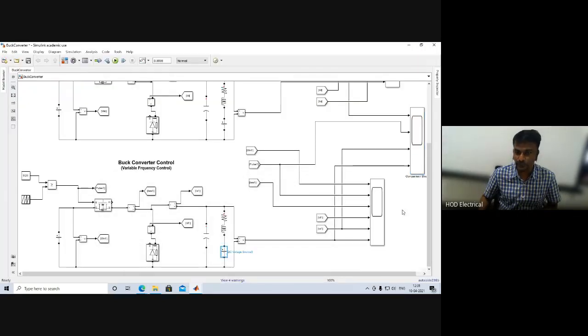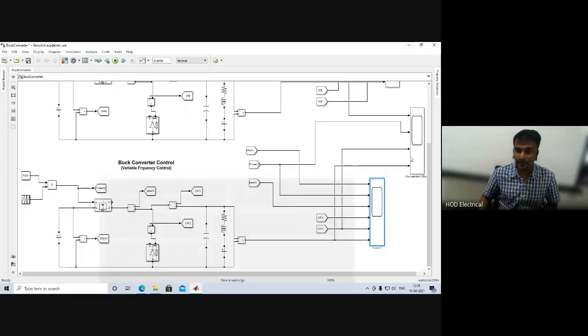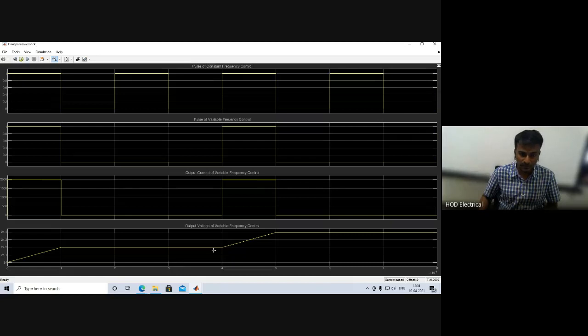That means there is a voltage source, and this voltage source will appear across the output voltage. The output voltage has discontinuity, since it will show 24 volts and then again increase to the maximum value. So that discontinuity will happen. As the off time is more and the on time is less, automatically the output voltage will be reduced.